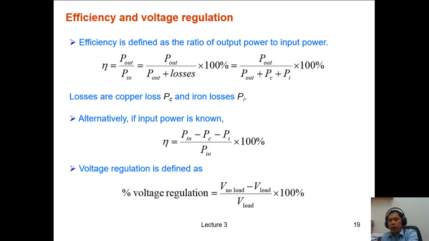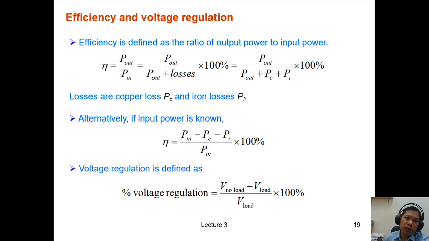And now we will talk about some performance indicators for transformers. For each machine type, we will need to check the performance indicators. For a transformer, we have two performance indicators. Efficiency is one, and voltage regulation is another.